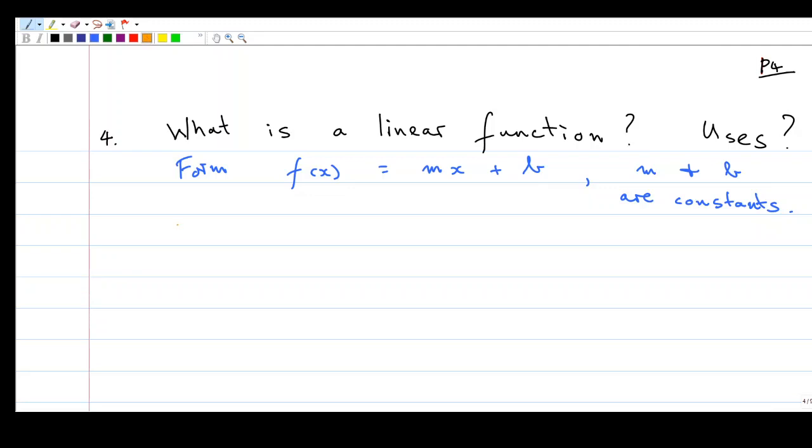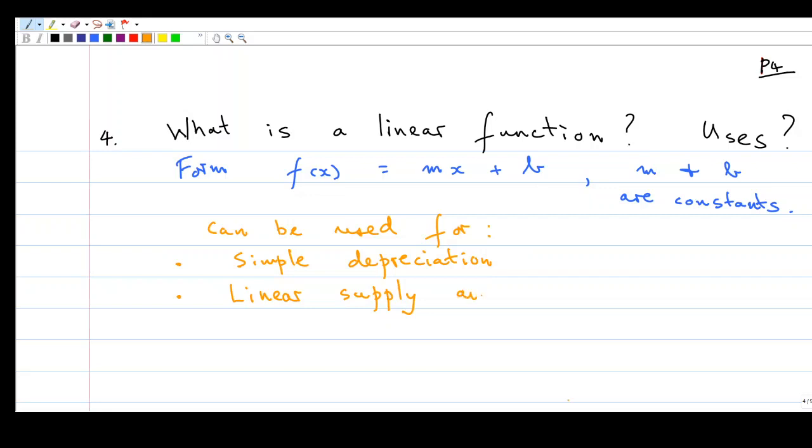Right? They can be used for, right, in the real world, simple depreciation, linear supply and demand, linear cost function, revenue function, and profit function.